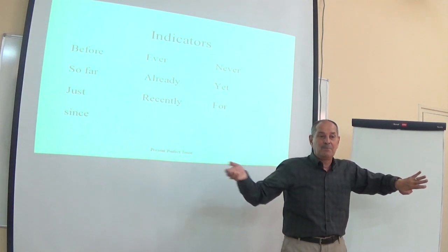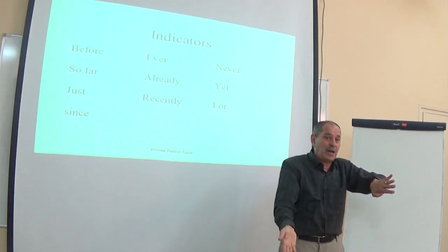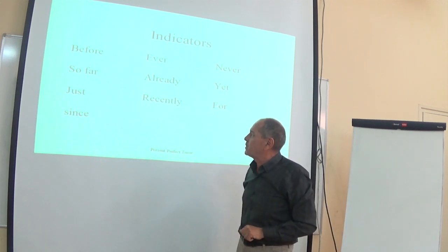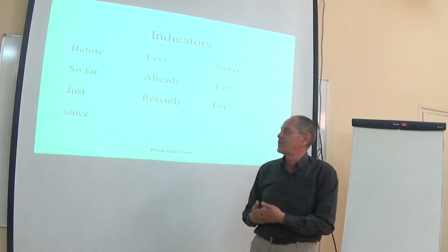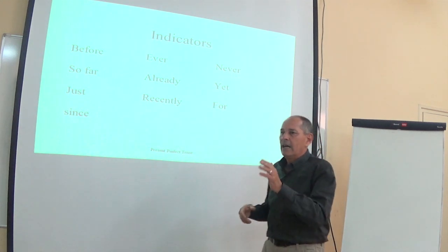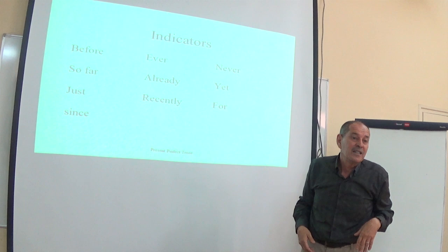Maybe in the future. But from the time I remember up to now, I've never gone to London. So far, just: it has just arrived. It indicates a very fresh action. Just, since, recently, ever. I'm teaching English since, let's say, 1980.